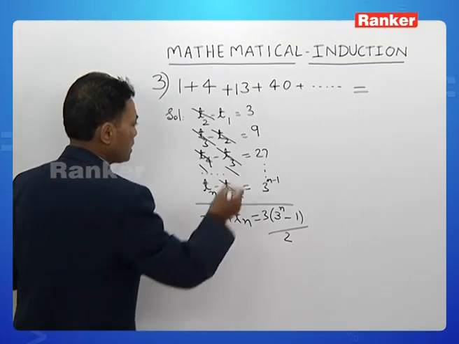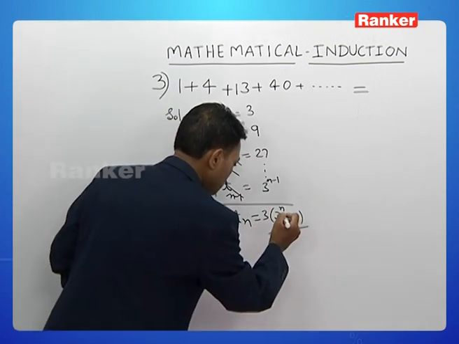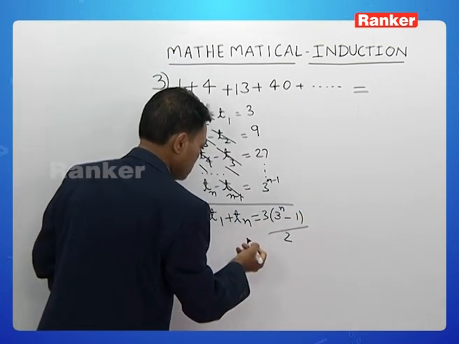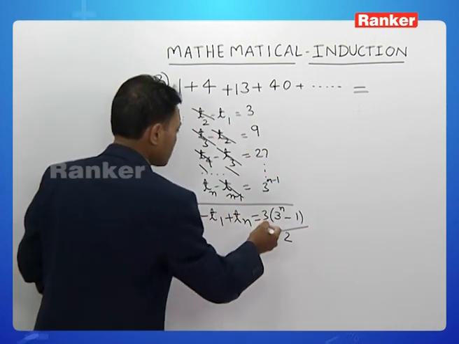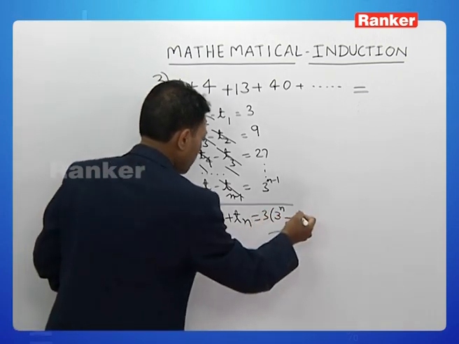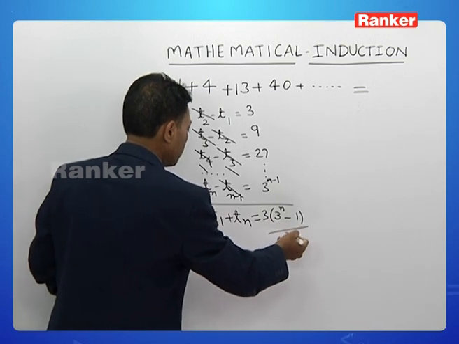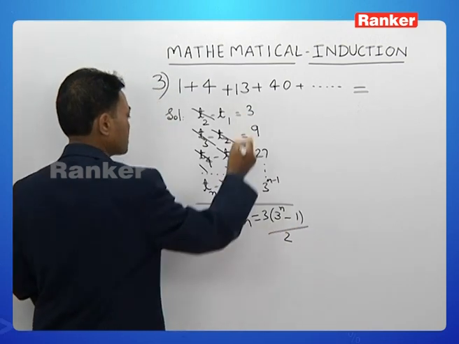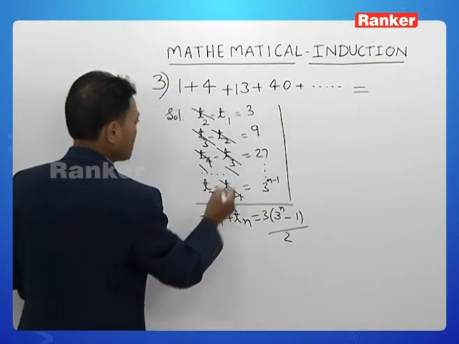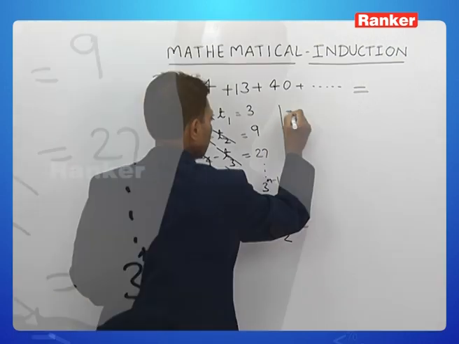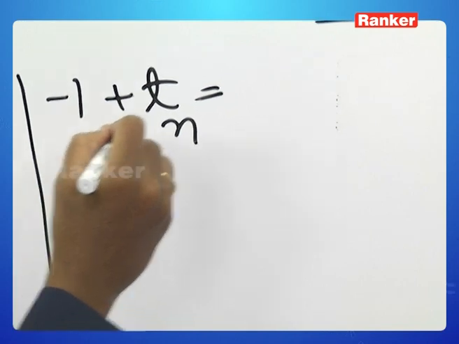Suppose you consider n equal to 1: (3 minus 1) is 2, by 2, into 3, is 3. If n is equal to 2: 9 minus 1, that is 8, by 2 into 3, gives 12. So, 3 plus 9 is 12. So, this is okay.